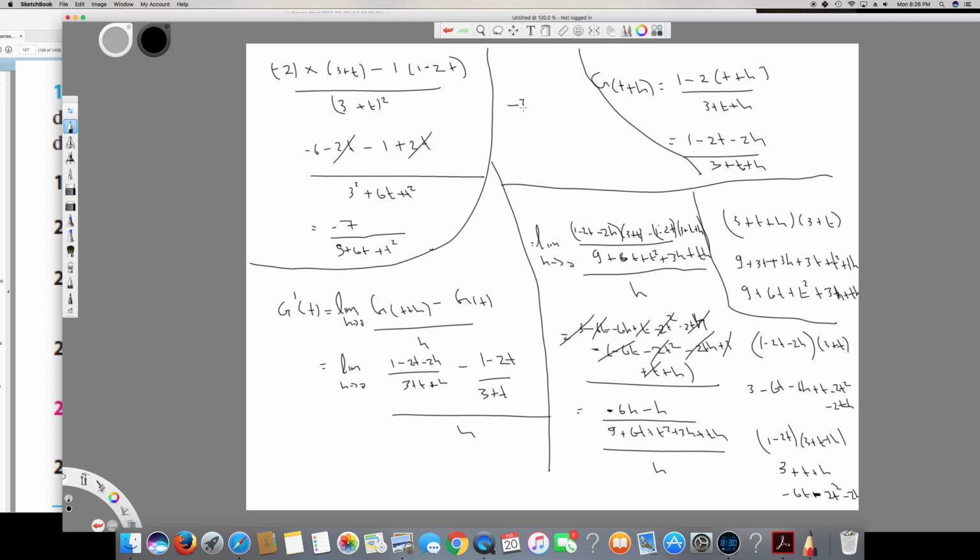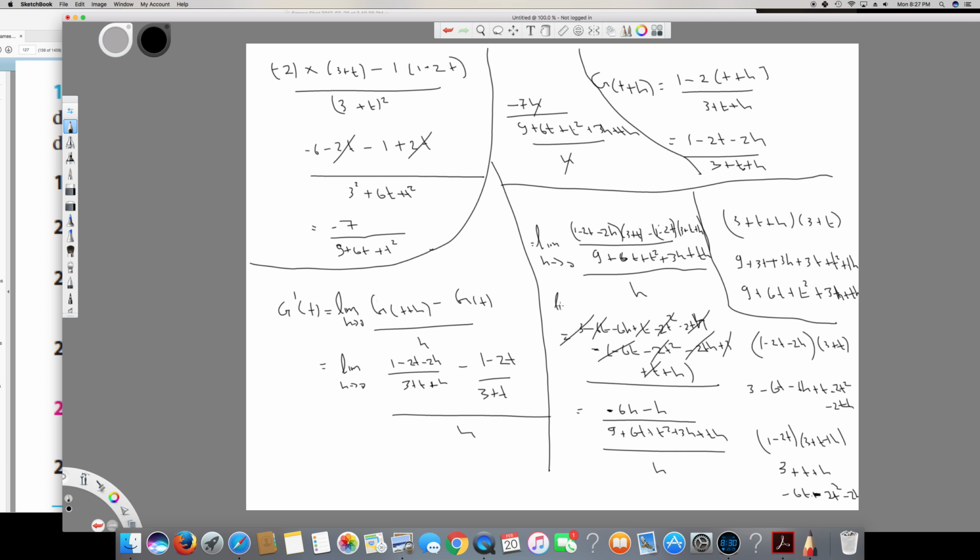Minus 7h over 9 plus 6t plus t square plus 3h plus th, all over h. h cancels. The remaining part is 9 plus 6t plus t square, and now this is all.